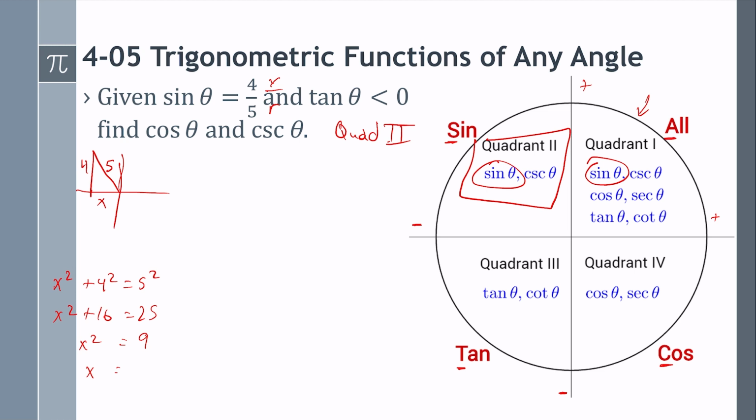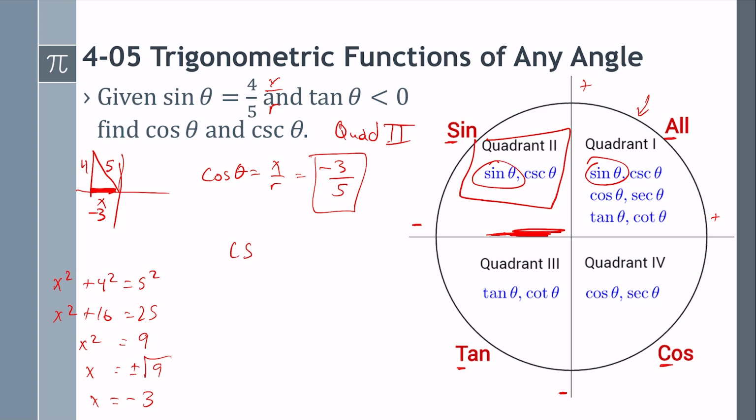Now when you do this, technically we have to take a square root while we're solving, so it's plus and minus. So the x over here is negative, so it's actually going to be a negative 3. So cosine is x over r, so it'd be negative 3 over 5. And cosecant is the reciprocal of sine, so it is r over y, so that is 5 over 4.